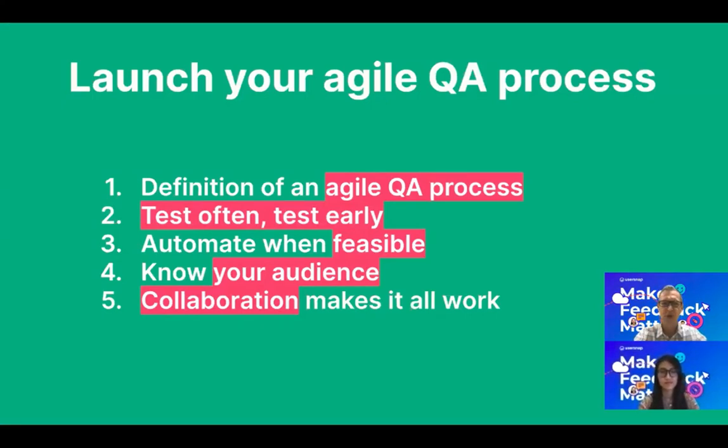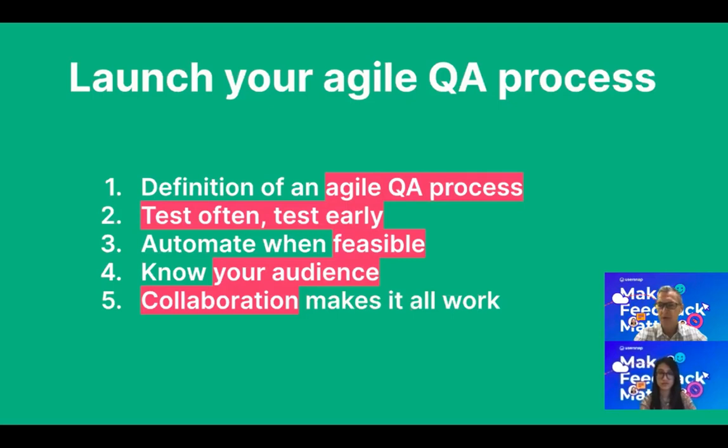In short, we want to give you some tips, an overview, and a few first steps into how you can either launch your agile QA process or improve it. We will start with a definition of what an agile QA process is for those of you who are not so familiar, and to be clear on what we understand by this term.